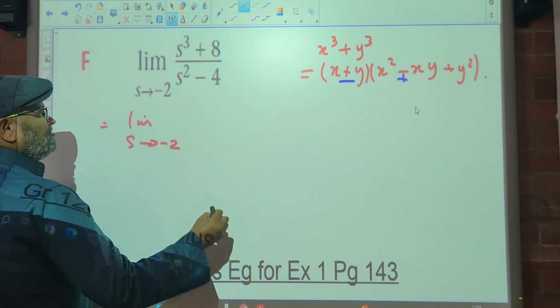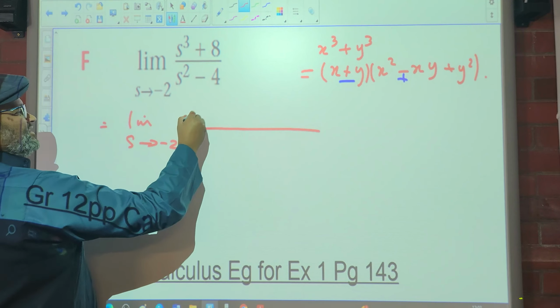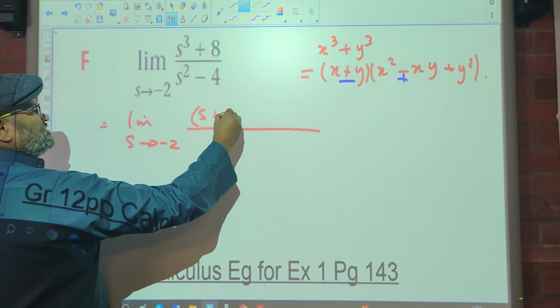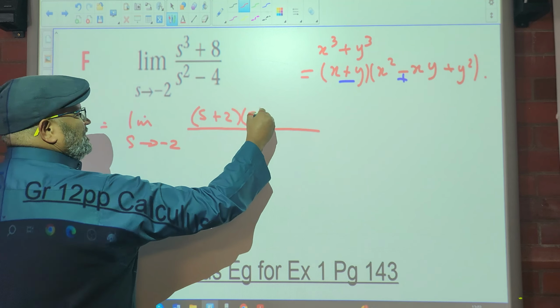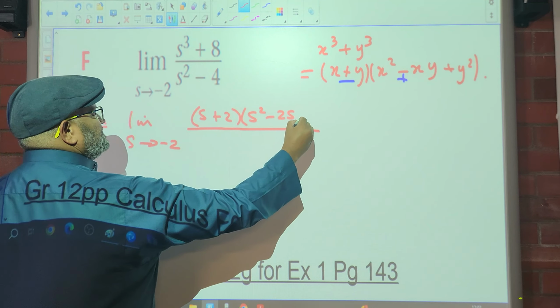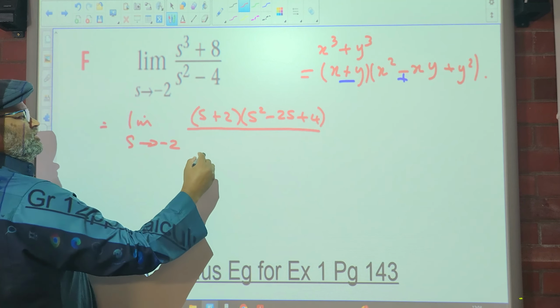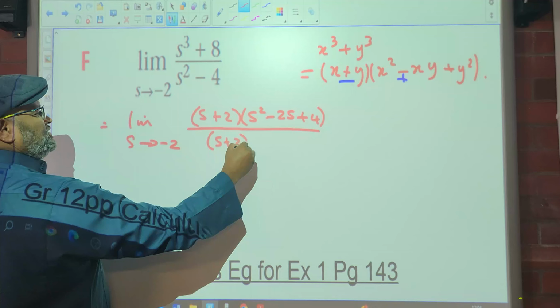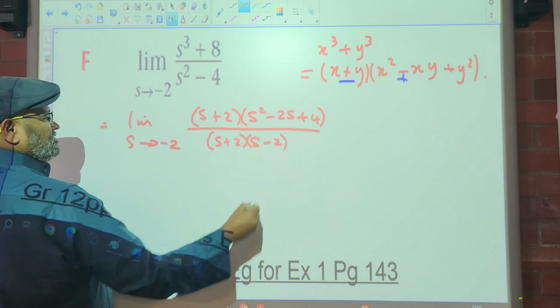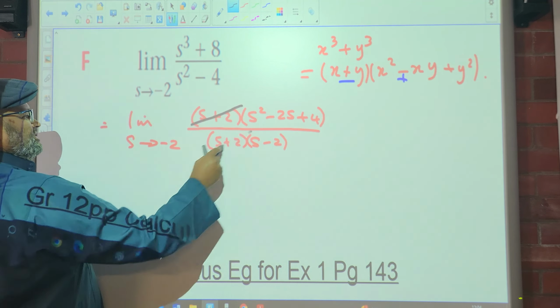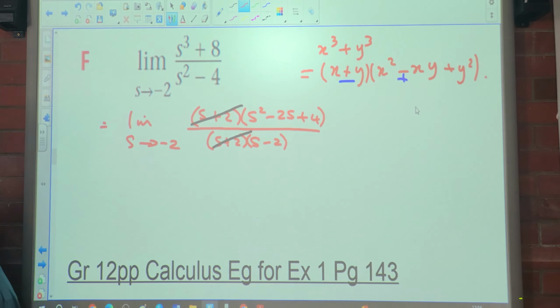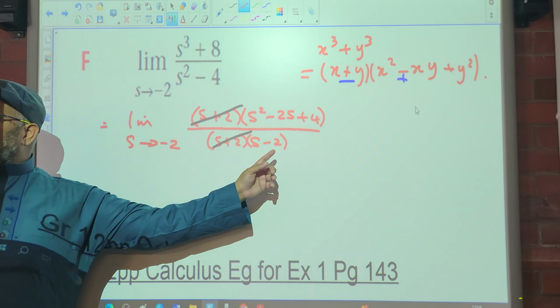Alright, so what do we get? s plus 2 into s squared minus 2s plus 4, and that's all over s plus 2. So what's going to happen? The s plus 2 cancels. Can I now substitute negative 2 in here?